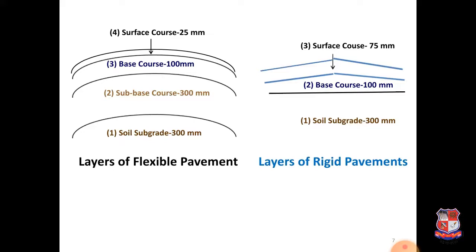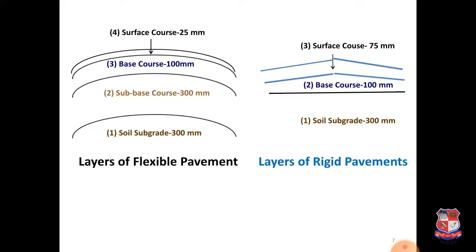The thickness shown here is approximate. Actual thickness is according to road pavement design. In soil subgrade, the soil acts as a foundation of road pavement, and the above layers are prepared according to design.